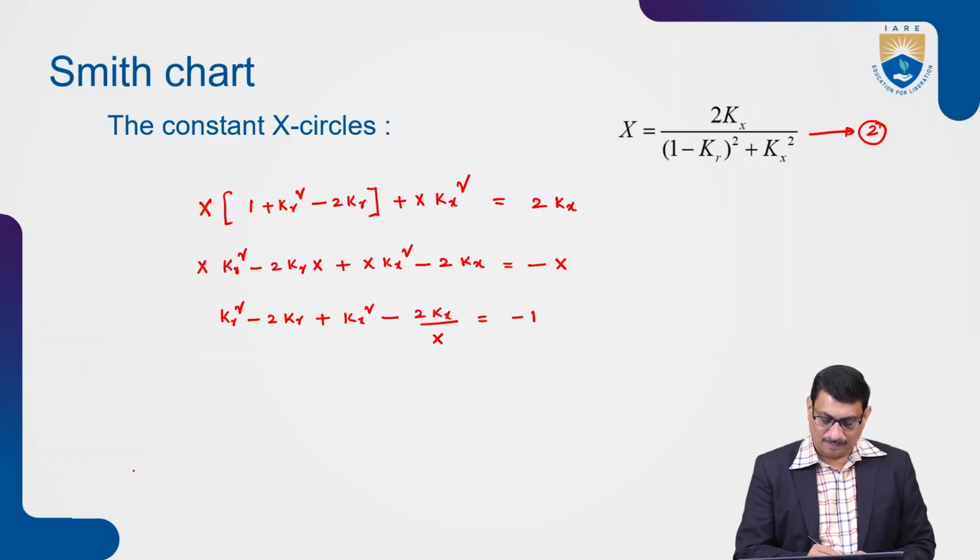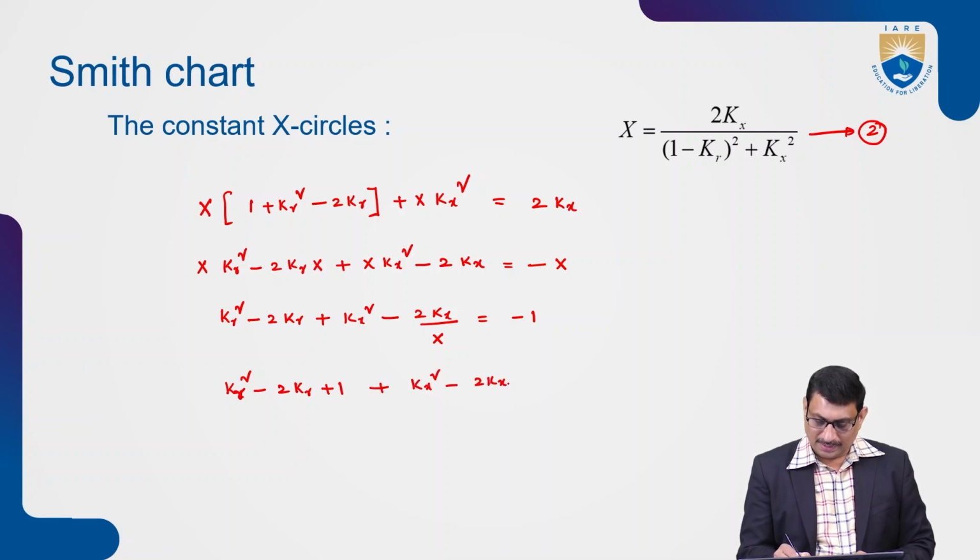If I bring this 1 onto this side, it becomes kr square minus 2kr plus 1 plus kx square minus 2kx divided by capital X is equal to 0. And this looks like a perfect equation where I can write it as kr minus 1 whole square.